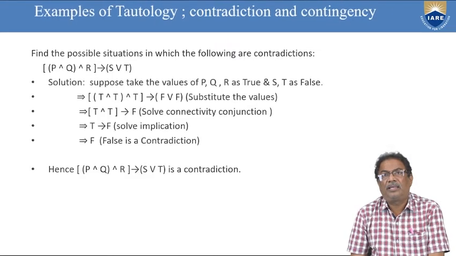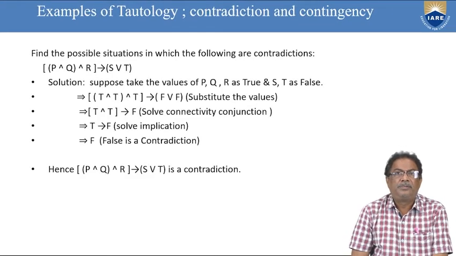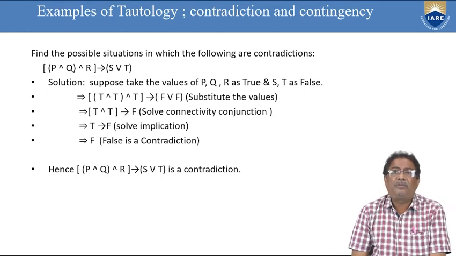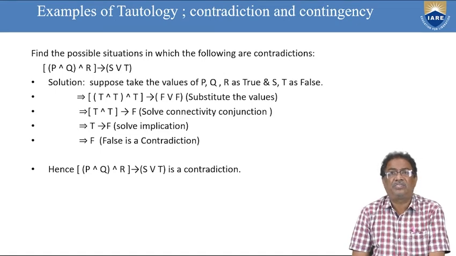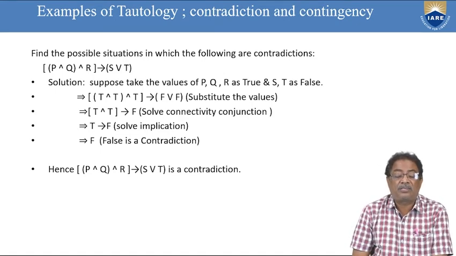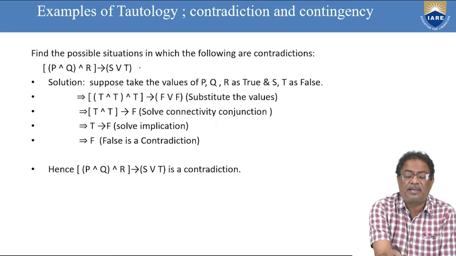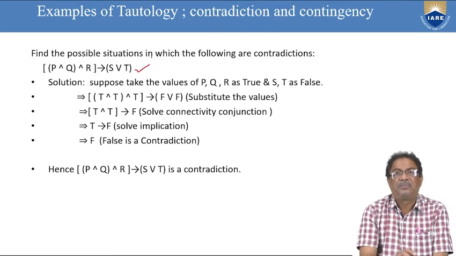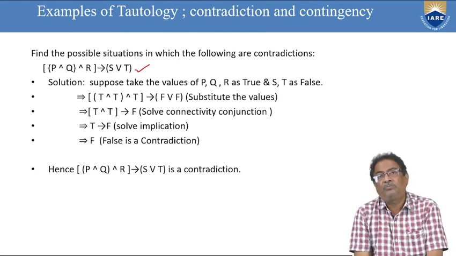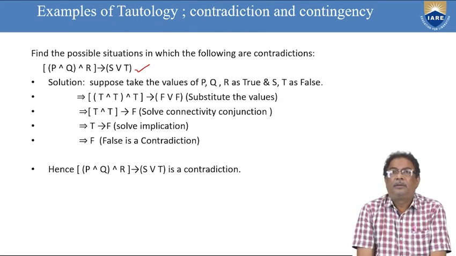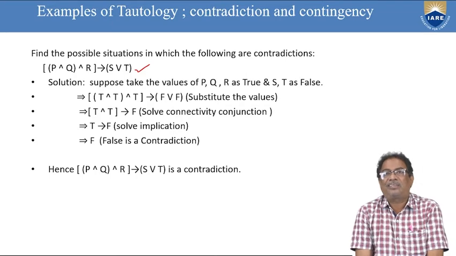So let us go for the other example. Now, once again, find the possible situations in which the following are contradictions. For that, what truth values are we going to assume for the statements P, Q, R, S, T?